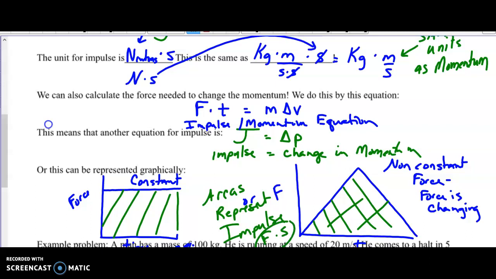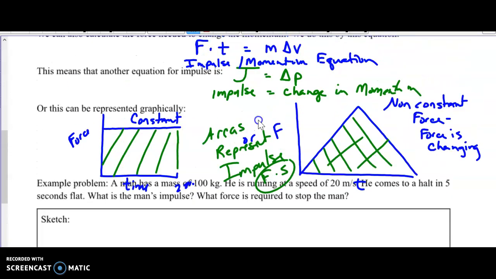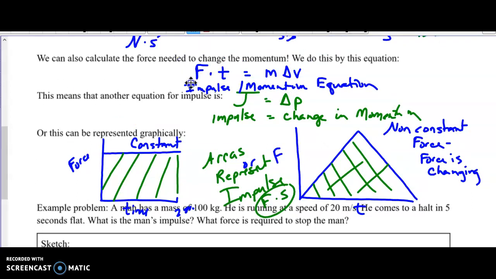Okay, so that's exactly what we're doing. That's how you could represent it graphically. So this is our main equation that we are really interested in: when a collision happens, there's a force on an object for a period of time, how does that relate to the mass and the change in V?